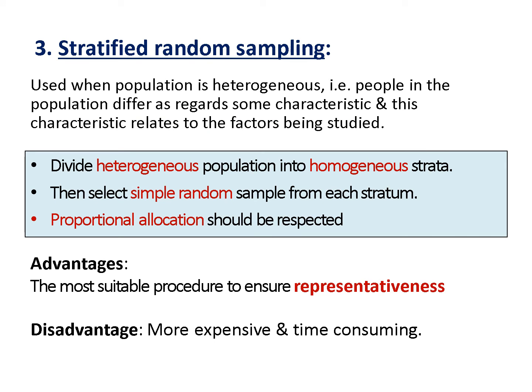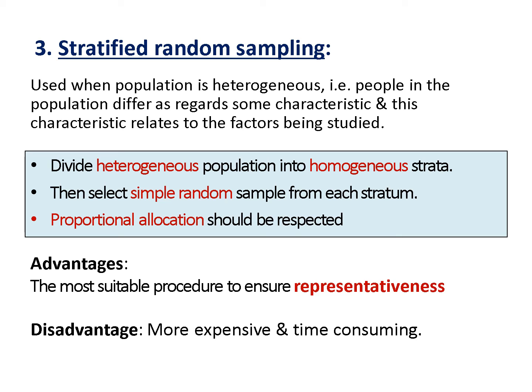The third type of random sampling or probability sampling is stratified random sample. It is used when the population is heterogeneous. As you remember, the first one, simple random sample, the whole population is supposed to be homogeneous in age, in gender, in occupation, and so on.